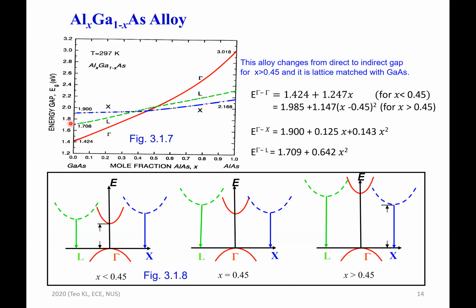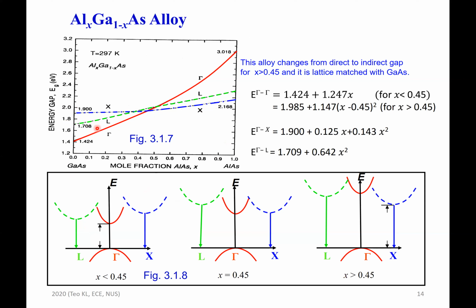Next is the green curve, which is the L value. Here, the bottom of the conduction band at the L value with respect to the top of the valence band represents the value of this green curve.